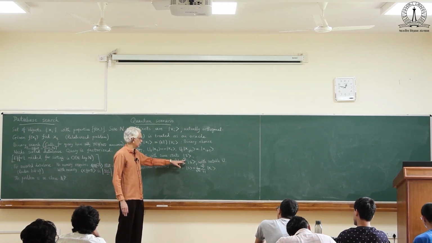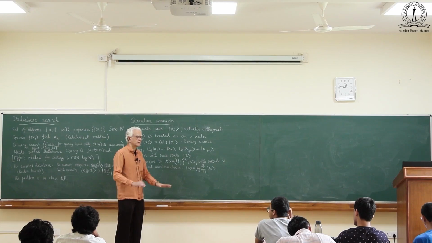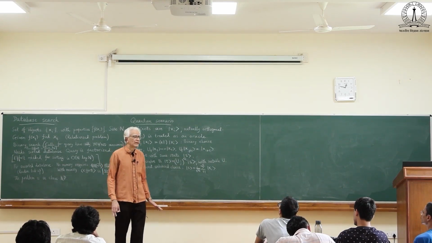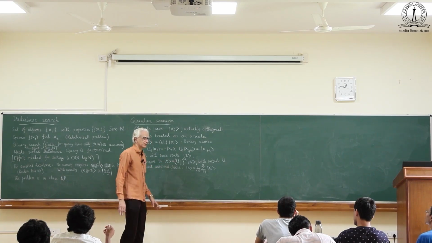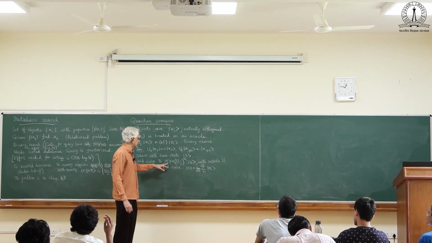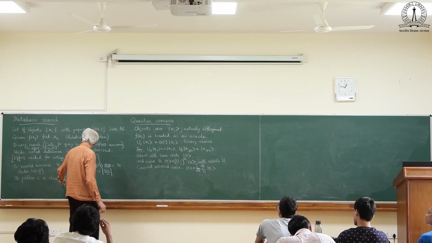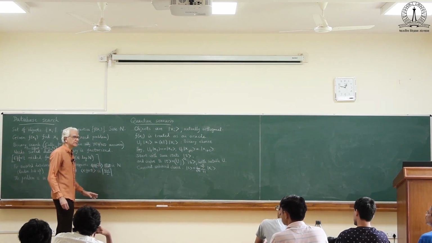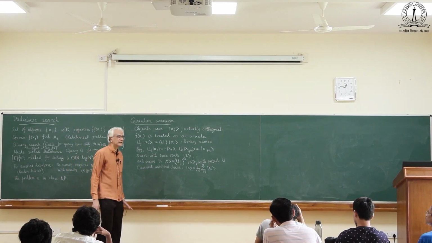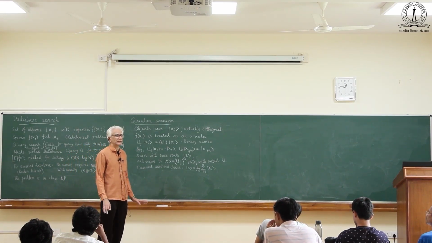Some number of queries are used, and you will stop at a suitable number of q when you have reached the target. And you can identify the target because, as I said, these are all NP problems. You can identify very easily that you have reached the correct place.